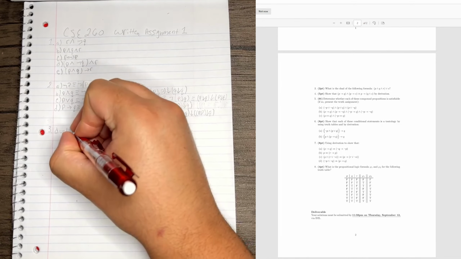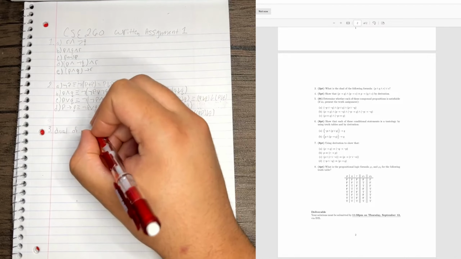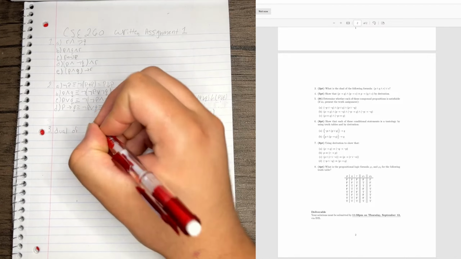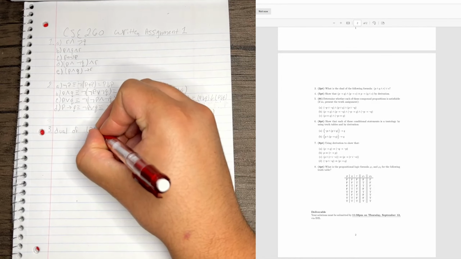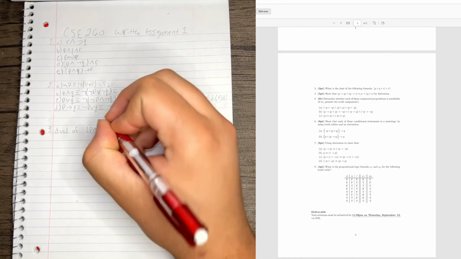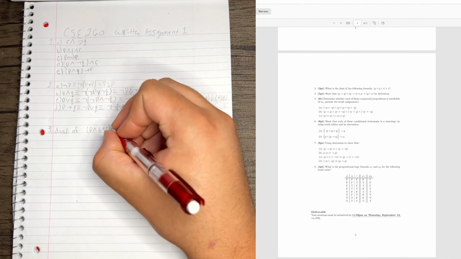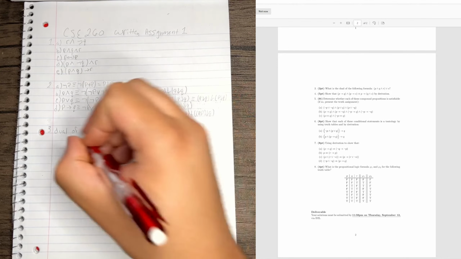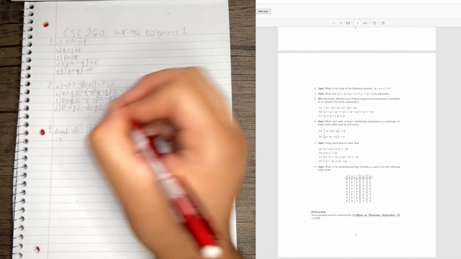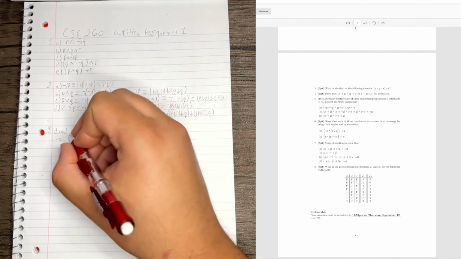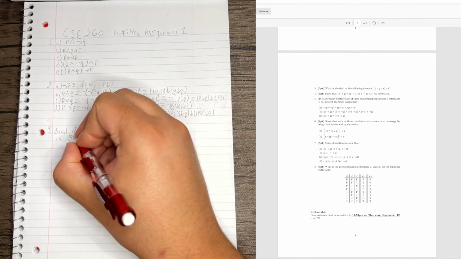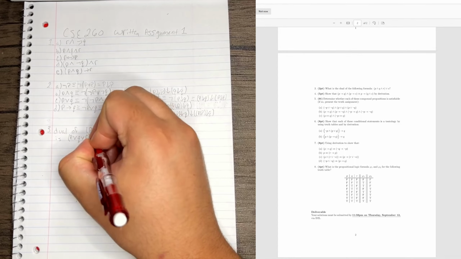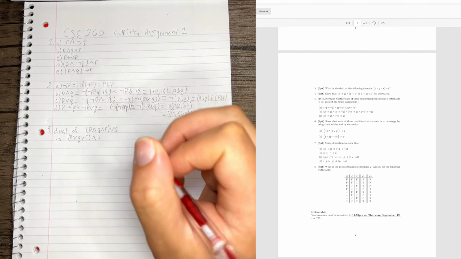Dual of P and Q and R or S is P or Q or R and S.